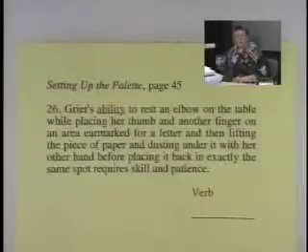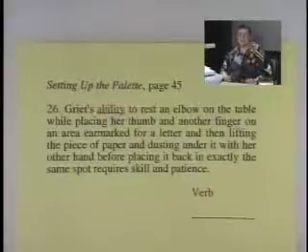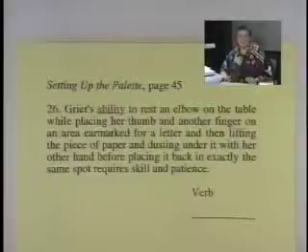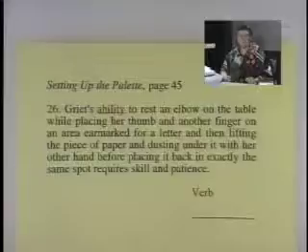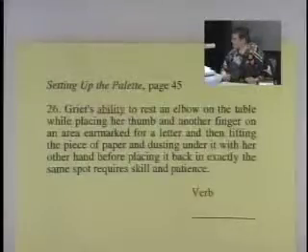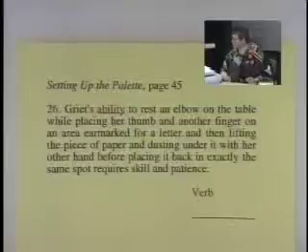So on number 26, Greet's ability to rest an elbow on the table while placing her thumb and another finger on an area earmarked for a letter, and then lifting the piece of paper and dusting under it with her other hand before placing it back in exactly the same spot, requires skill and patience. Ben, if ability is the subject, where's the verb? To rest.